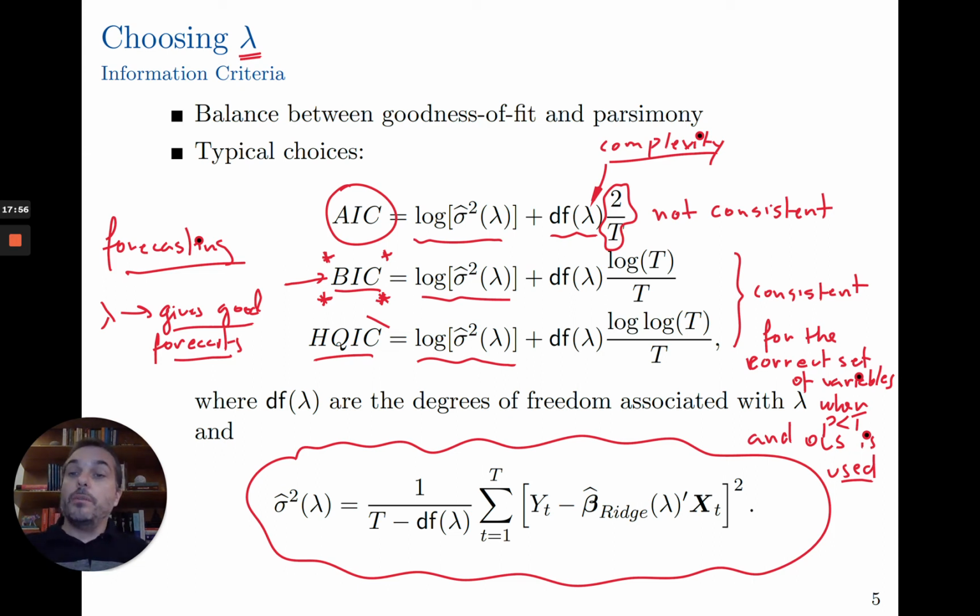So it's a good choice. Unfortunately, there is no proof of universal optimality for these cases. So it's more practical guidance here.